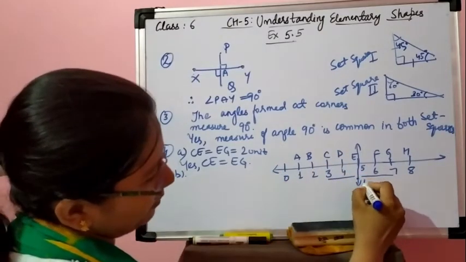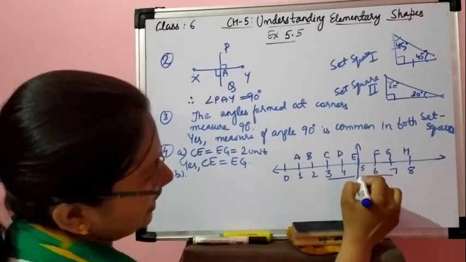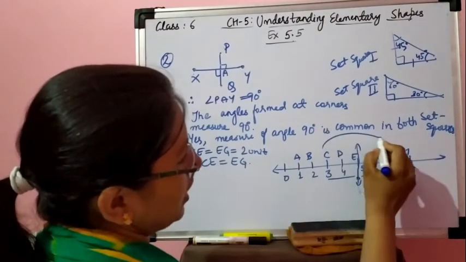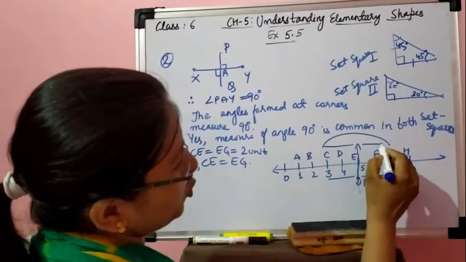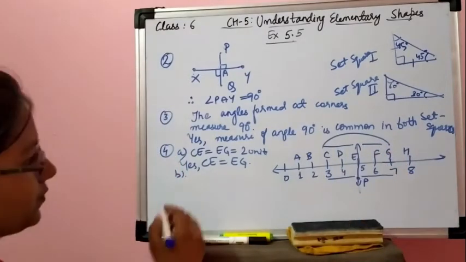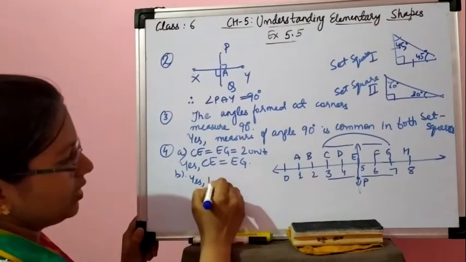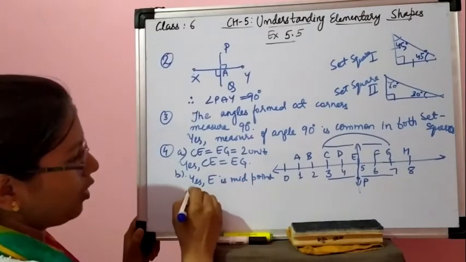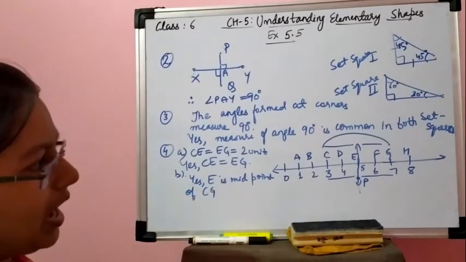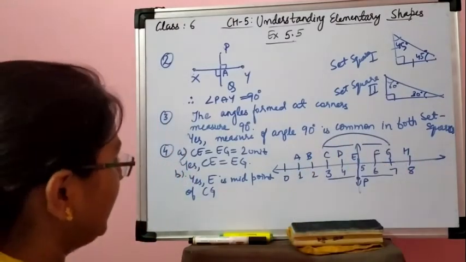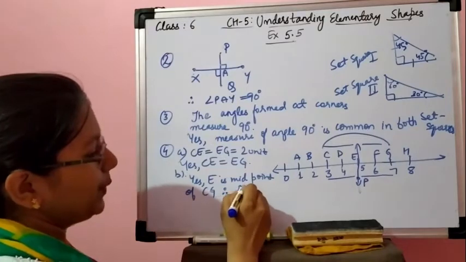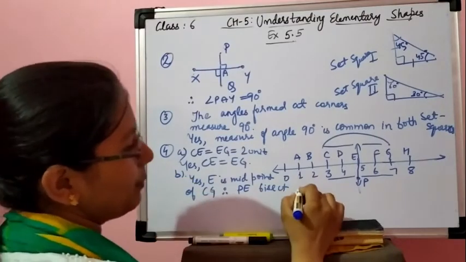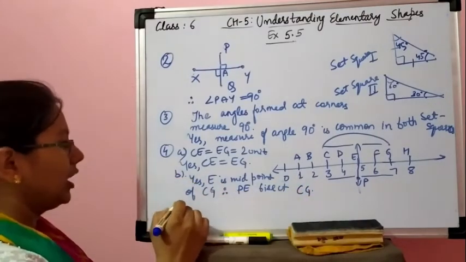This point is P on this perpendicular. Is PE bisecting CG? CG is up to here. They are asking whether PE is bisecting it. Yes, E is the midpoint of CG. If you look carefully, the midpoint of C and G is E. Therefore, PE bisects CG. The word bisect means to cut in two equal parts, as we learned.